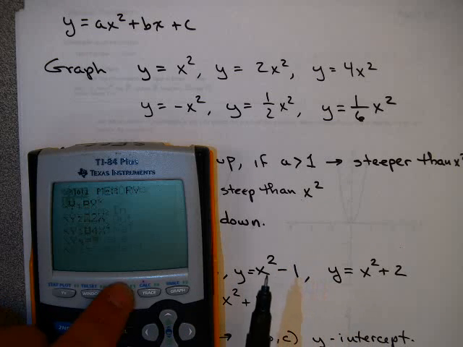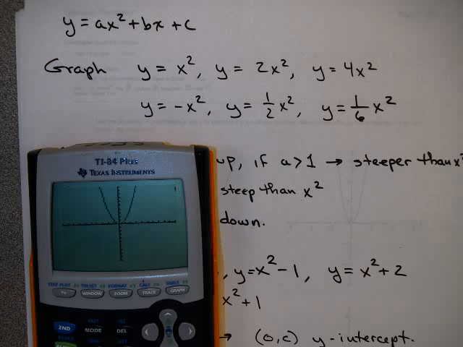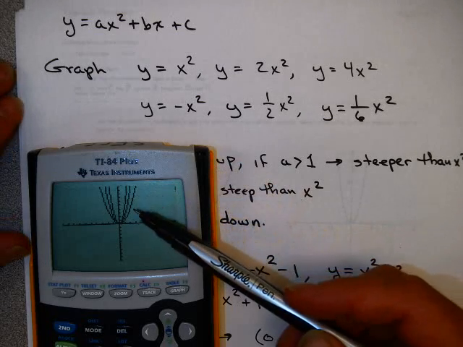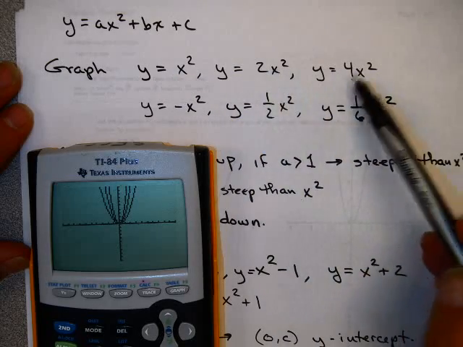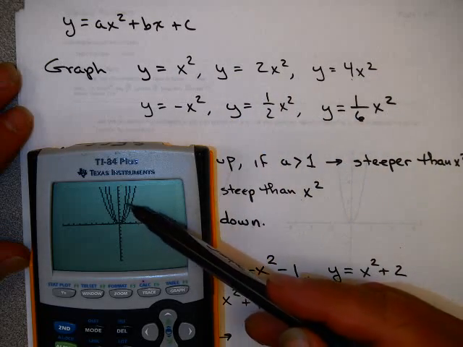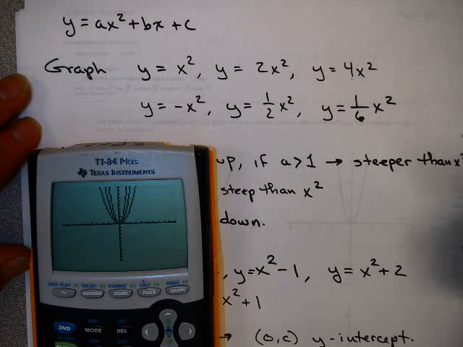And I'm just going to graph these on a standard window. So I'm going to hit zoom number 6. There's x squared. There's 2x squared. And there's 4x squared. You notice that as that coefficient of x squared gets larger, these go up faster. You might say they get steeper.